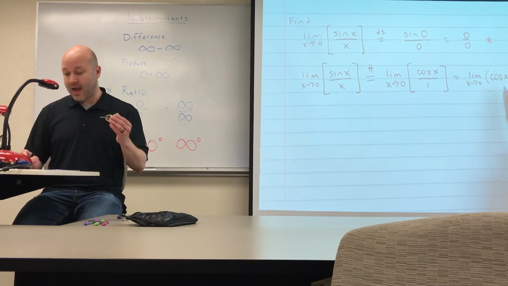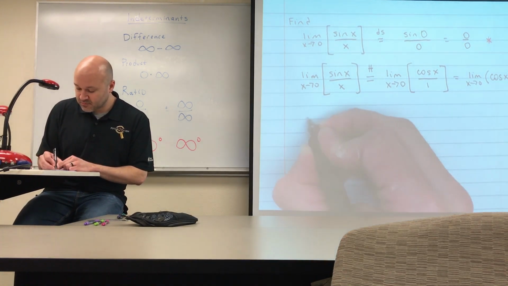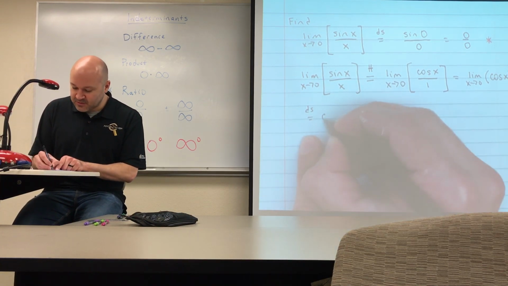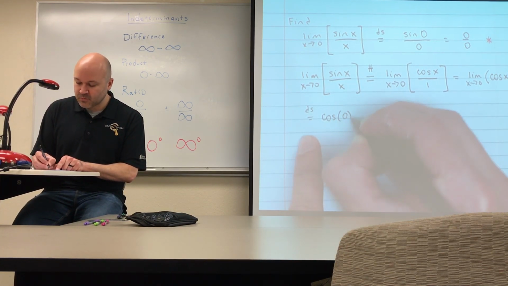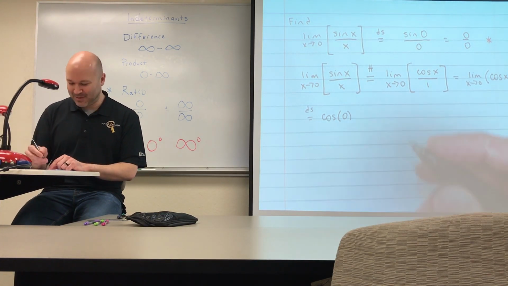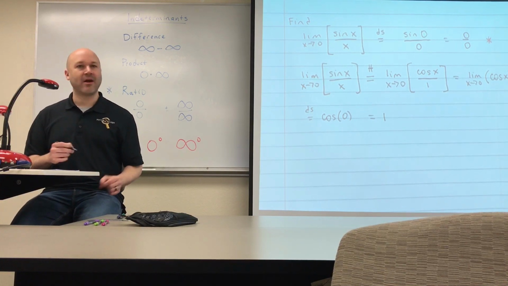It's a different function. I'm evaluating a limit, so I'm going to try direct substitution again. And cosine of 0 is going to be positive 1. All right, we did it.